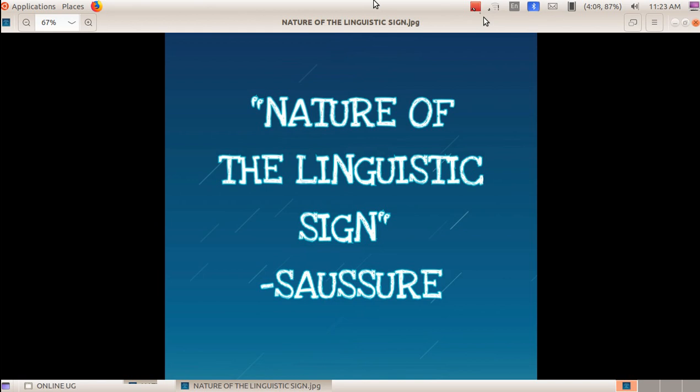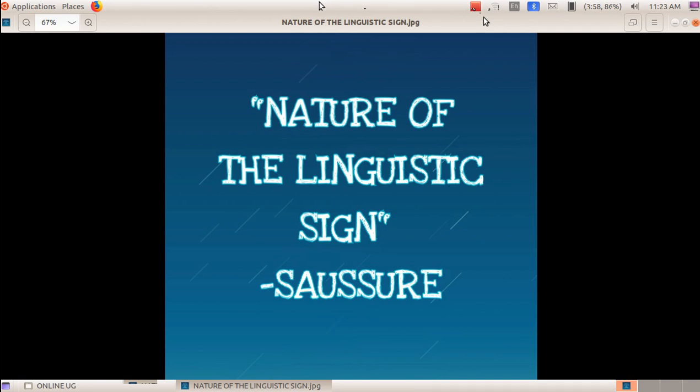So I tell you, this essay, Nature of the Linguistic Sign, is immediately connected with the theory called structuralism. Hope you remember the major tenets of structuralism, already taught.